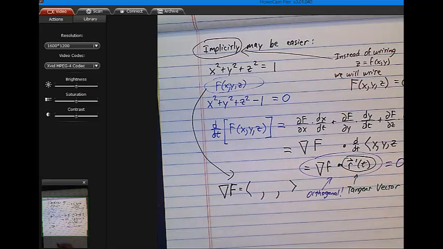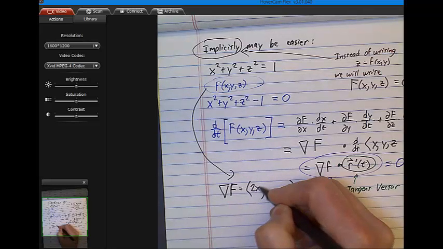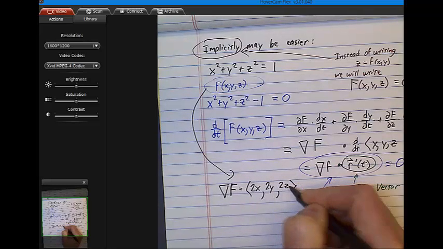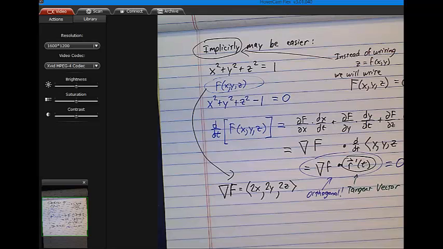What's it going to be in our example? 2x, 2y, and 2z. Right? And so, we want grad f dot r prime of t to equal 0. Okay? So I want to be at the North Pole.